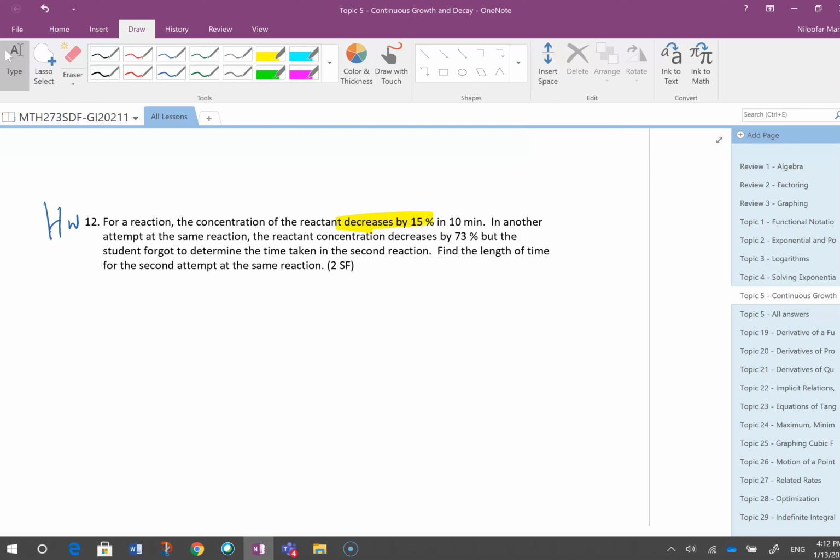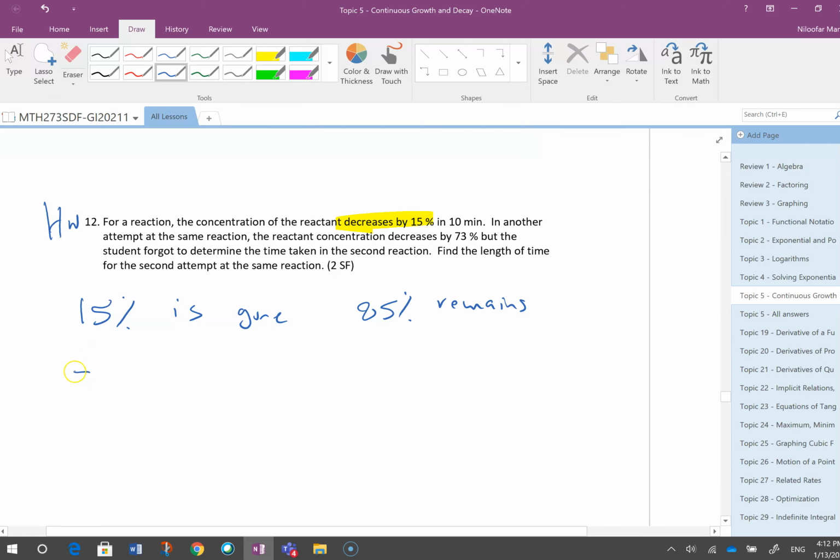Okay, so for a reaction, the concentration of reactant decreases by 15%, so 15% is gone and 85% remains. In another attempt at the same reaction, the reactant concentration decreases by 73%.